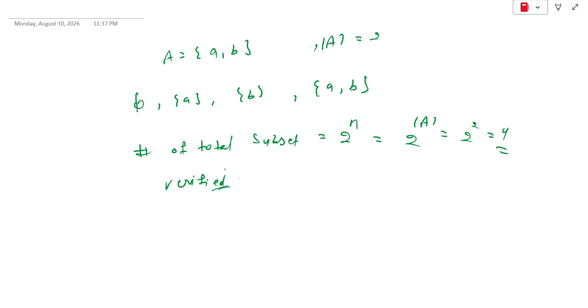So remember two things. First, the empty set is a subset of every set.